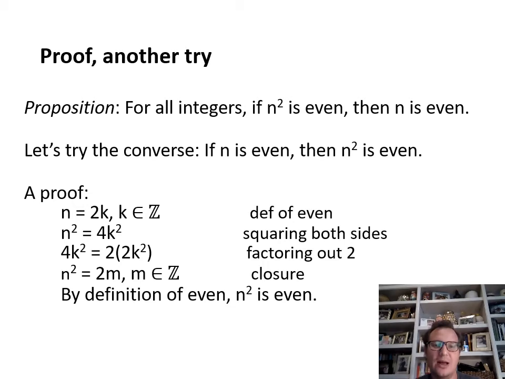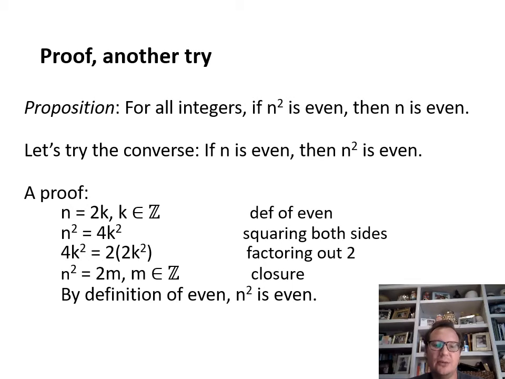Okay, so now what is the problem here? Let's look at the proof. So we have n is even. Based on the definition of even, we can write that n is equal to 2 times k. We square both sides. n squared is equal to 4k squared. This all seems fine. Integers are closed under multiplication.